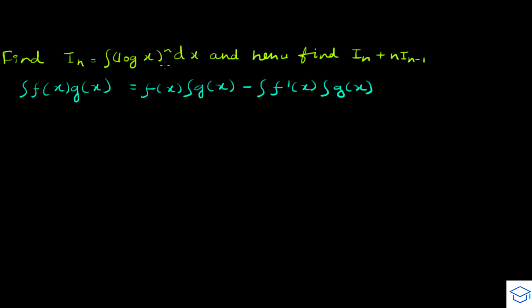Okay, so here the first function is a logarithmic function and there's an algebraic function which we need to assume as 1. So according to the ILATE rule, logarithmic function comes before the algebraic function, so the first preference of f of x should be given to the logarithmic function. So let me take the logarithmic function first.